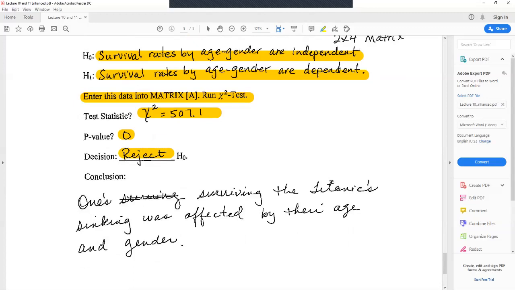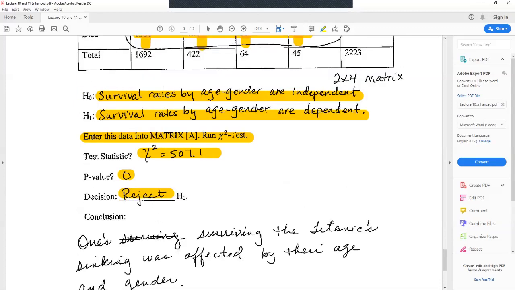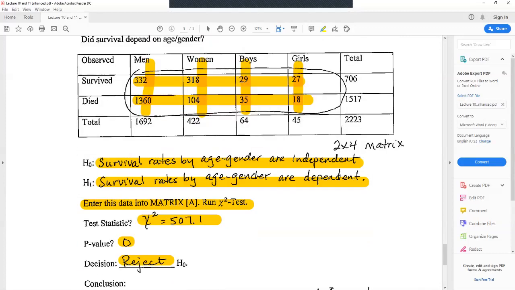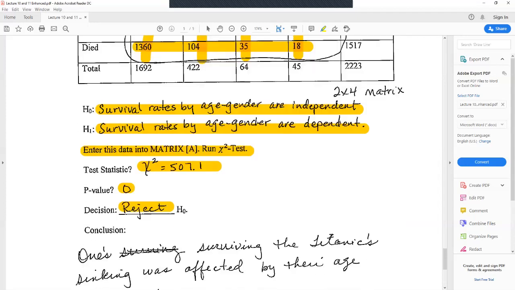So what does that mean? It means that one's surviving the Titanic's sinking was affected by their age and gender. Because the null at the very beginning argued what? The null would argue that they are independent. But since we have rejected the null, we now know that survival rates by gender and age are dependent.